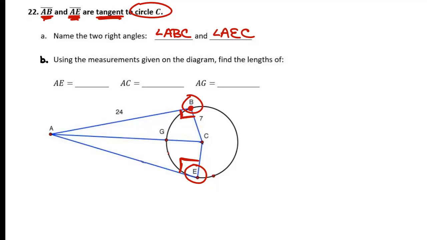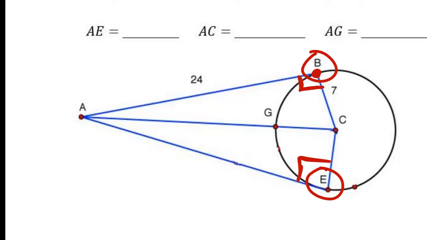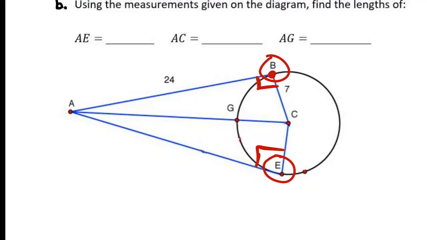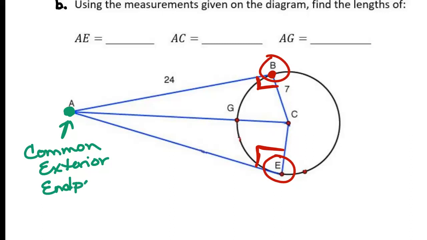When I have two segments that are both tangent to the same circle, and they have this common exterior endpoint, those two tangent segments are congruent to each other. It says that segment AB is how big? 24. So how big is segment AE? Also 24.